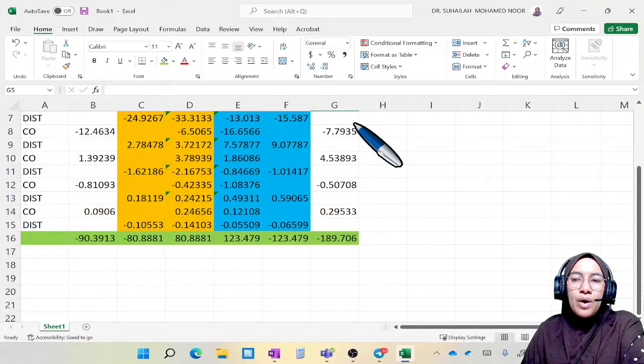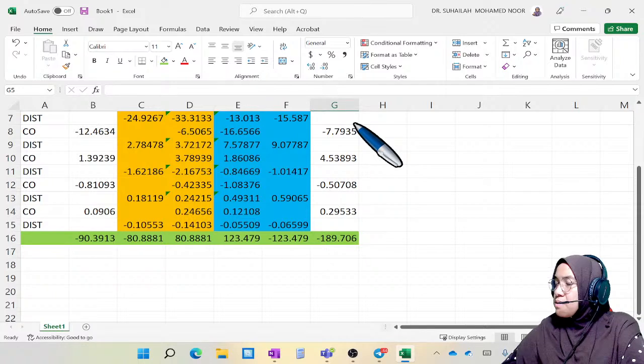M CB is 123.5 kilonewton meter, one positive, one negative.